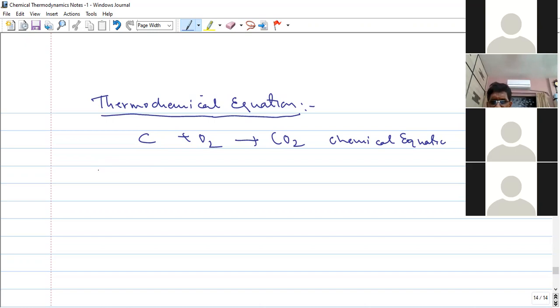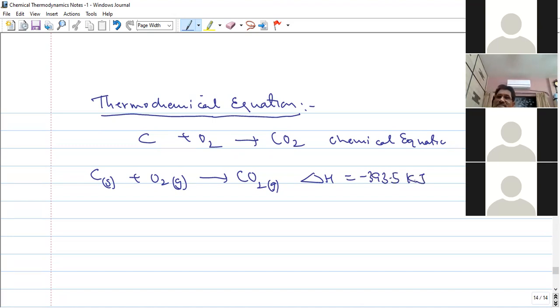Now I write it as C(s) plus O2(g) arrow carbon dioxide (g), delta H is equal to minus 393.5 kilojoule. This becomes a thermochemical equation. The upper one is only a chemical equation and the lower one is a thermochemical equation.